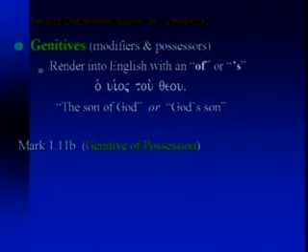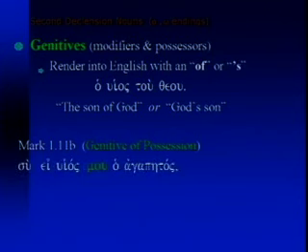Many times the genitive case focuses on the issue of possession. Going back to Mark 1:11b that we just looked at, you are not just son, the beloved one, you are what? My son, the beloved one. Mu here is a personal pronoun, but it's in the genitive case. And therefore, it's going to modify and further bring out a quality that's associated with huios, son. It's not just you are a son, you are my son.